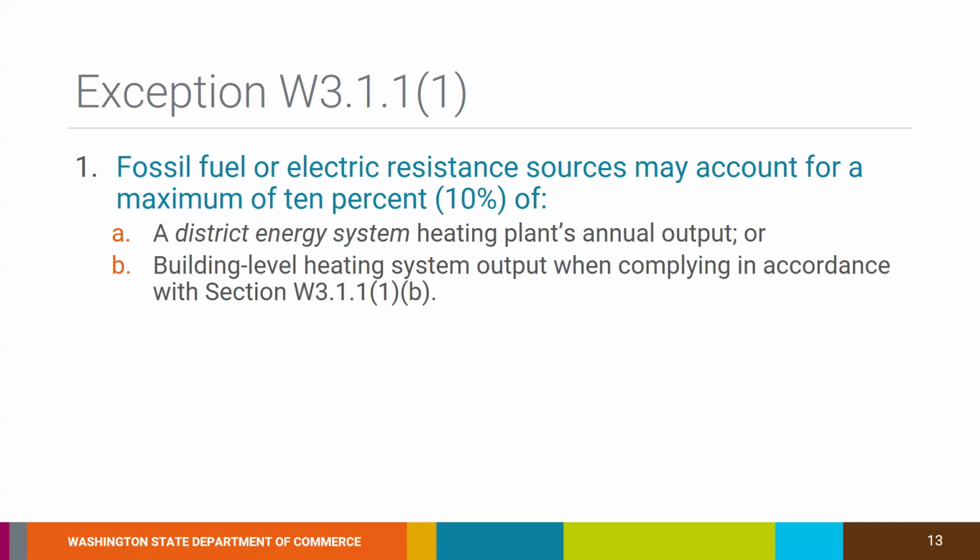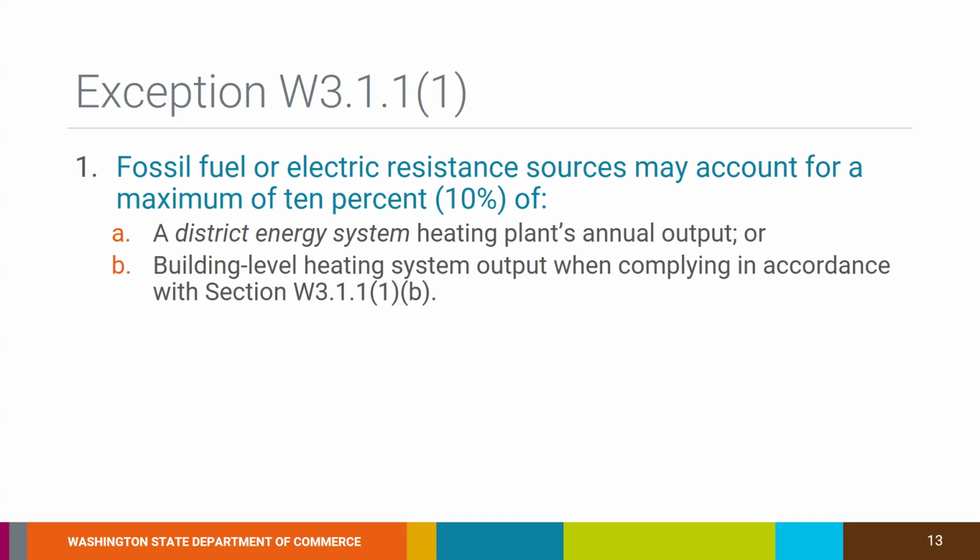The provisions of Annex W, or the requirements for decarbonization, do allow a certain percentage, up to 10%, of fossil fuel or electric resistance heat sources for that district energy system. This is designed to be backup, for extreme weather and so on. The decarbonization of the district heating system needs to be designed so it can meet the full design load for that district energy system, but we do allow some backup.